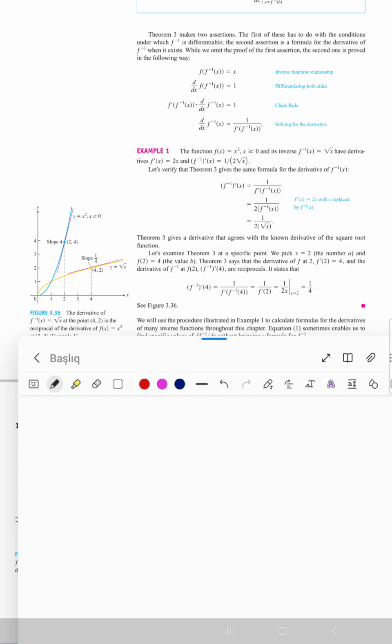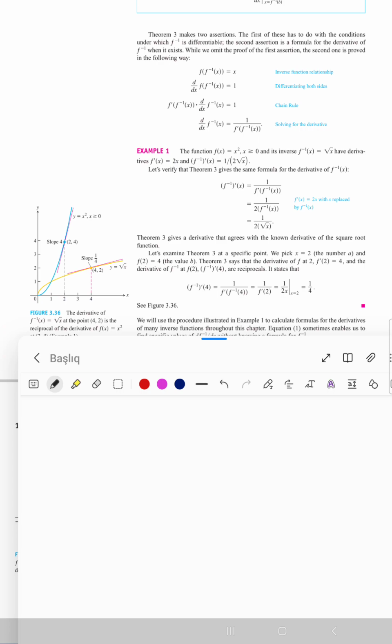Let's see the example. We have the function x squared, and we take the positive side of x. Of course, if we take both sides of x squared, we won't have an inverse. That's why we have to take either the positive side or the negative side.